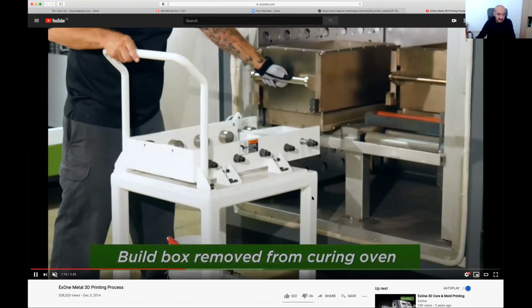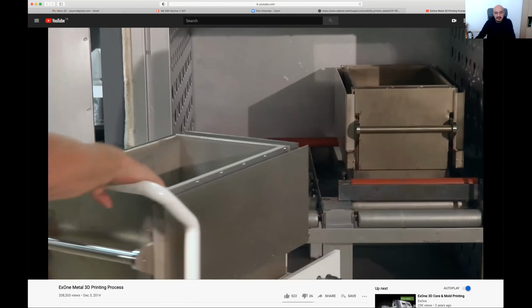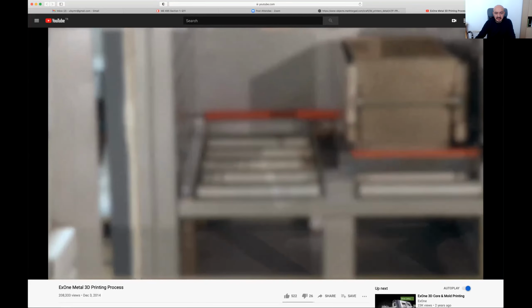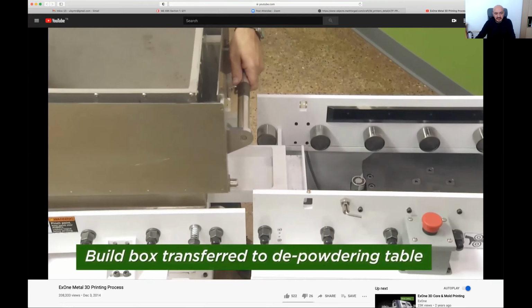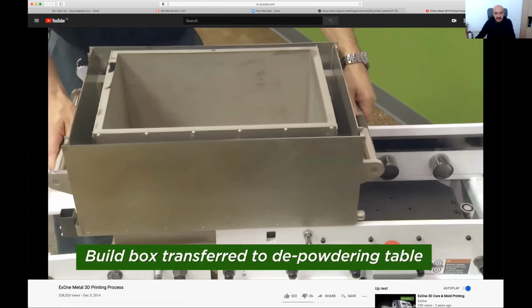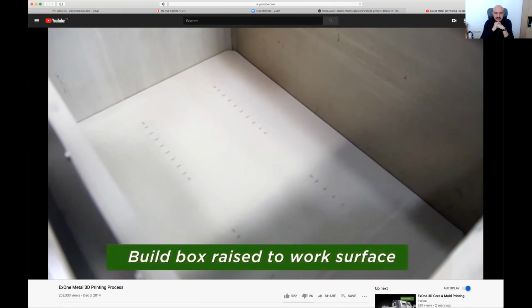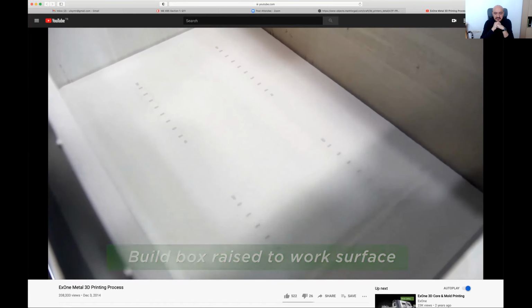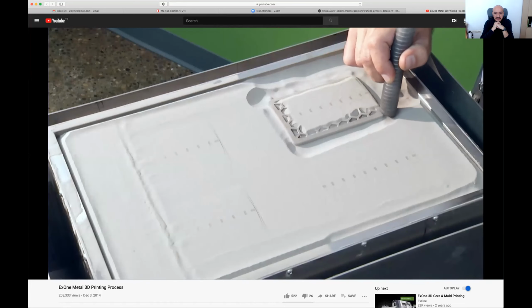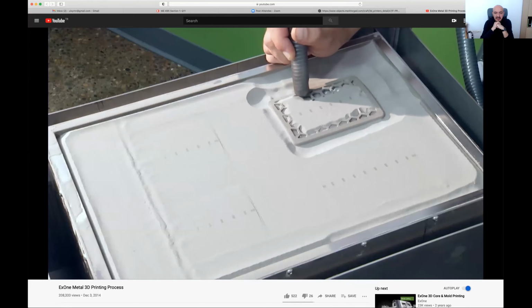They put the box into the oven to remove all these binders. Now they will remove the powders around the part, and another vacuum system removes the powders around.